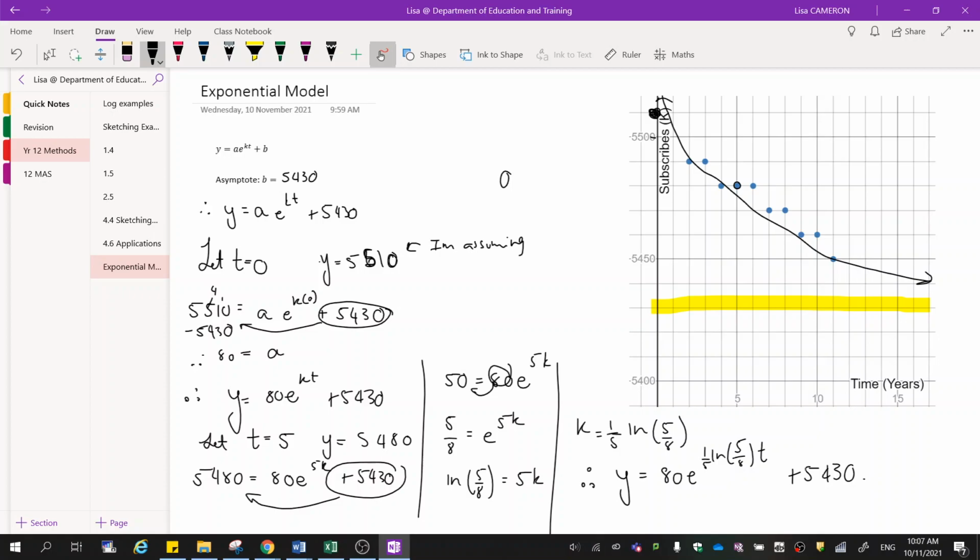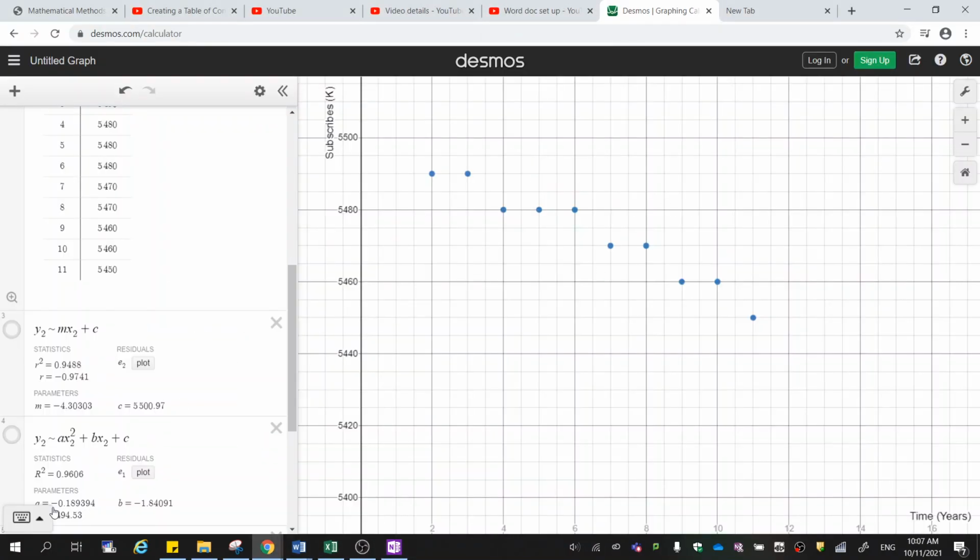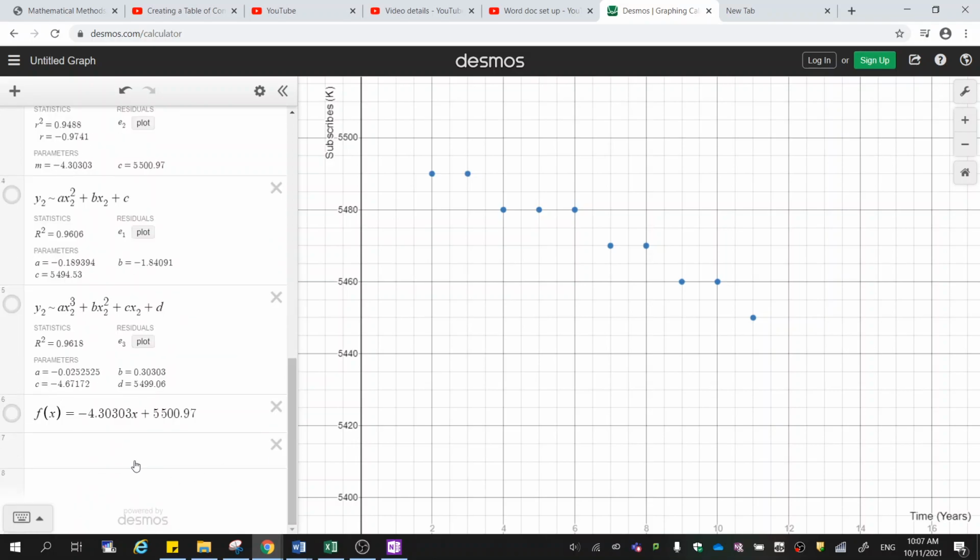5,430. Now your next step will be to plot this into Desmos. If I go back over here to Desmos, I'm going to compare it back to my initial data.